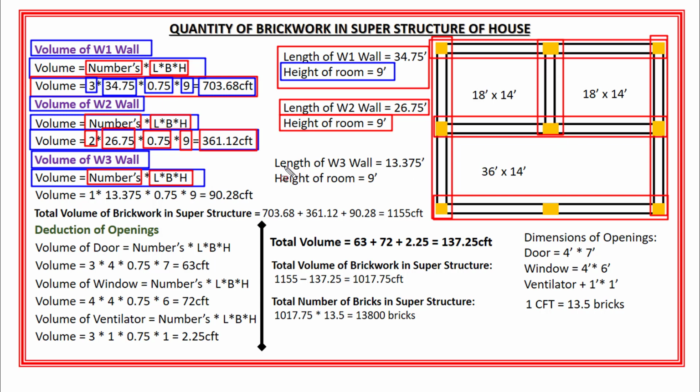The length of this W3 wall is 13.375 feet. Width of the W3 wall is 0.75 feet. And the height of W3 wall is 9 feet. Okay.